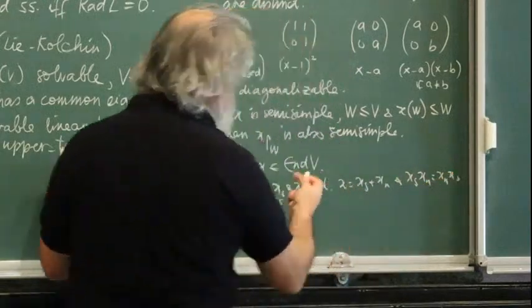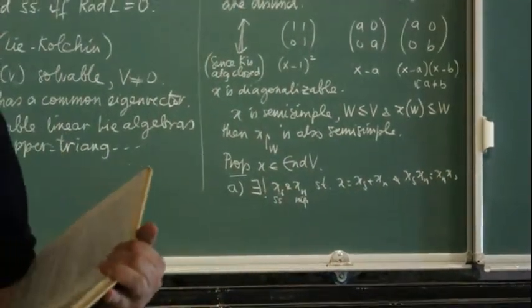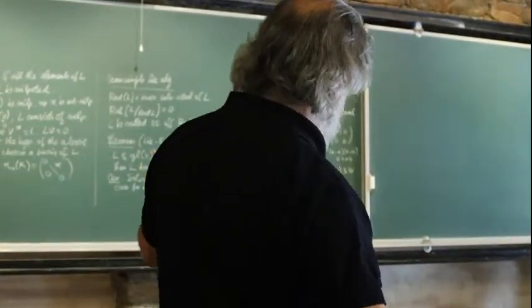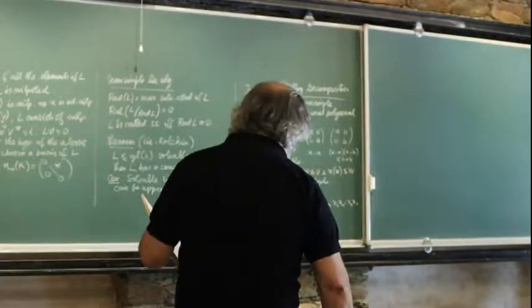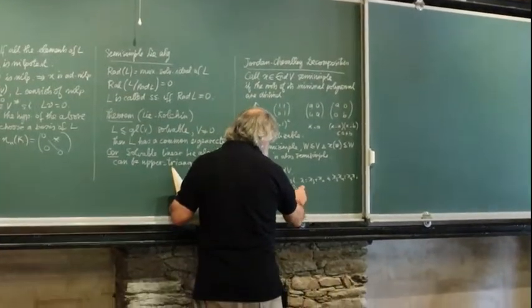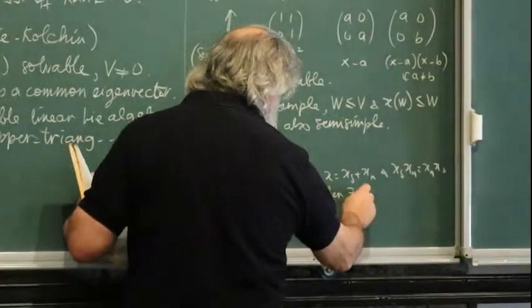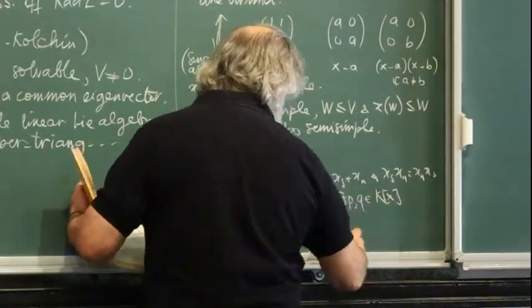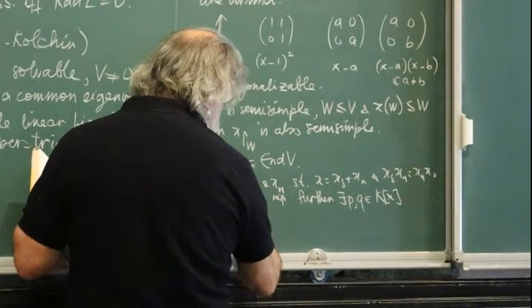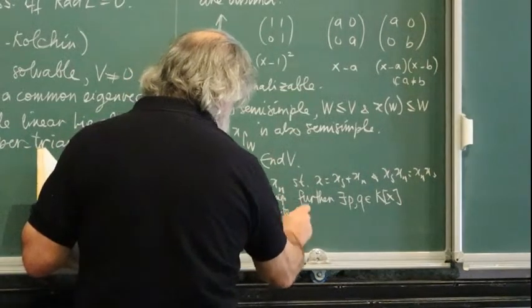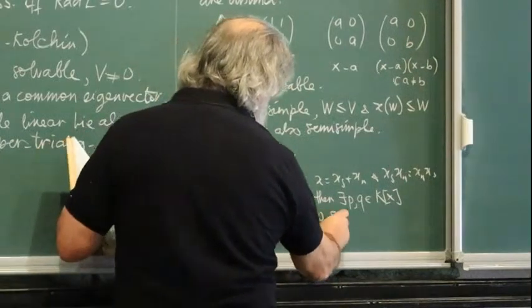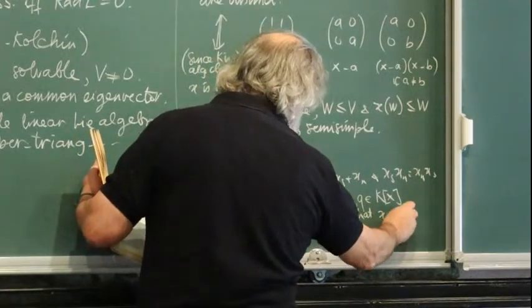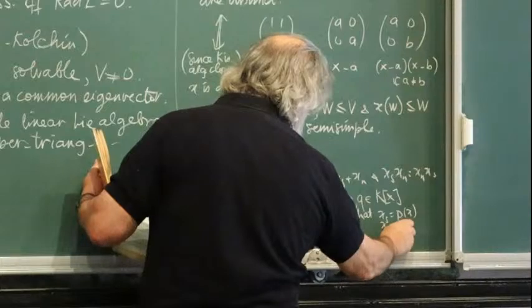So they also commute with X. And further, there are polynomials P and Q over K without constant terms, such that XS is equal to P of X and XN is equal to Q of X.